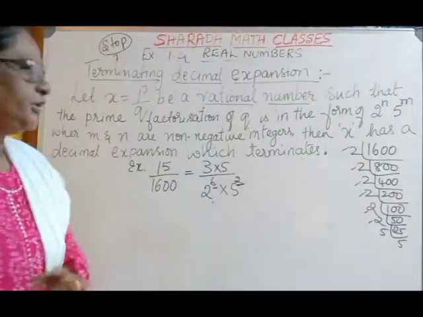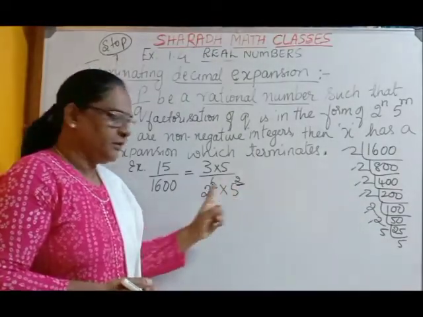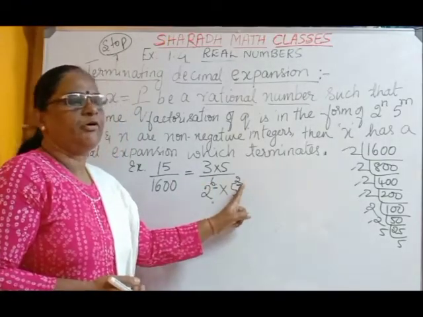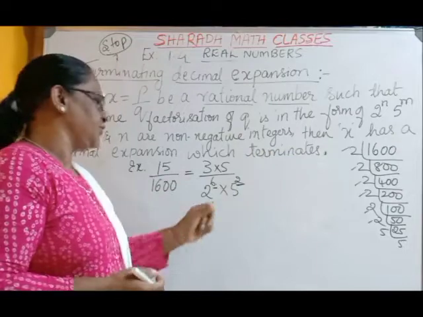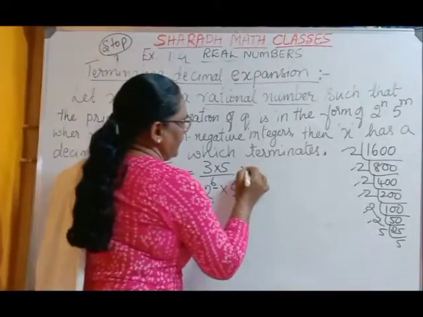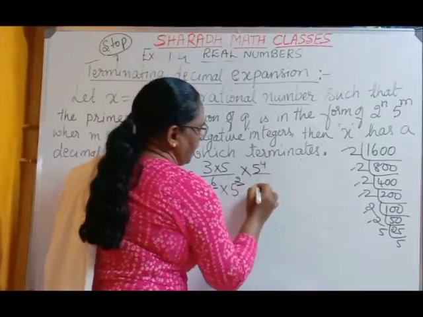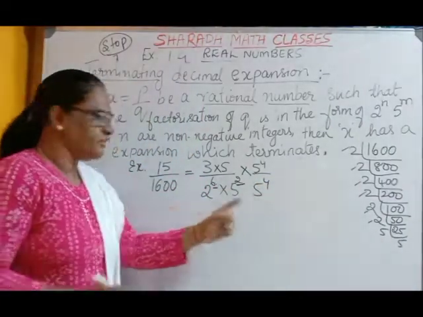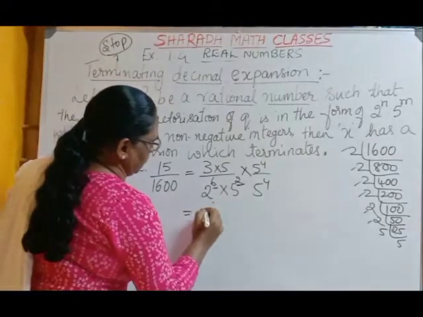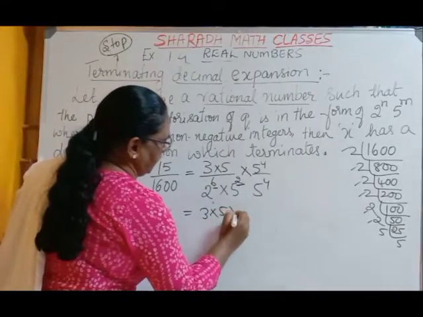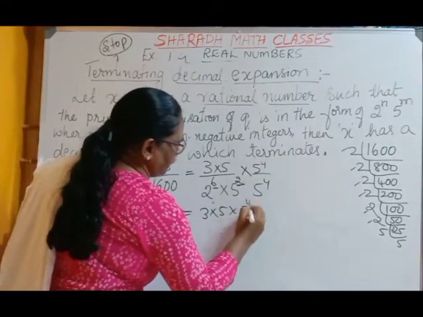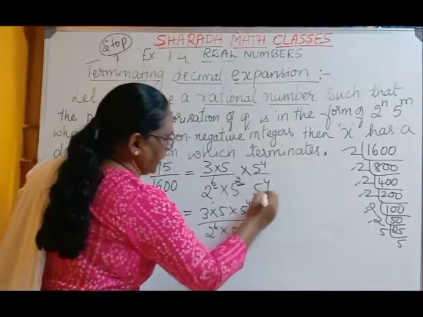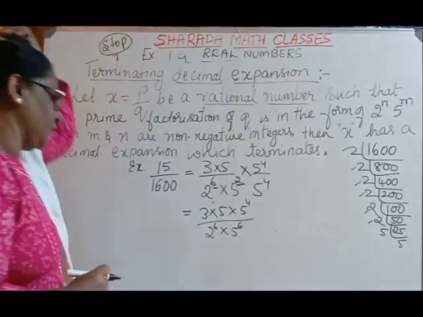So I am going to make it the same as 2, taking 4 more 5s. I multiply both numerator and denominator by 5 to the power of 4, so that I get 5 to the power of 6 in the denominator. So this is 3 into 5 into 5 to the power of 4 divided by 2 to the power of 6 into 5 to the power of 6.